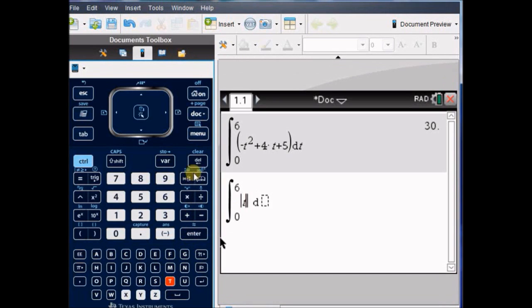Negative t squared plus 4t plus 5, and we get 36.6 repeating, so 36 2/3. Okay, so absolute value on our calculator, whether it's changing direction or not, calculates the total distance.